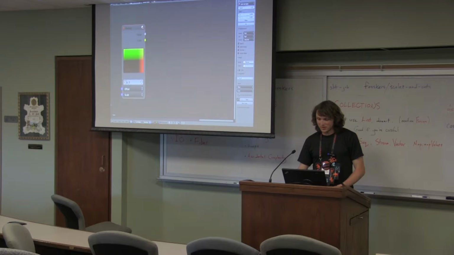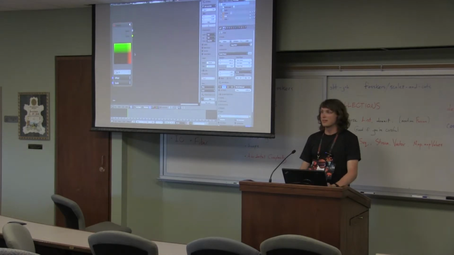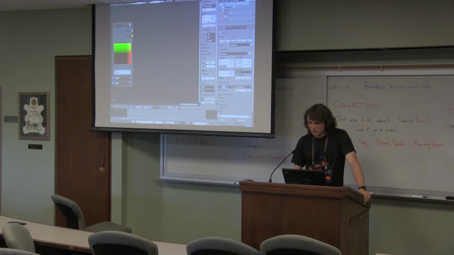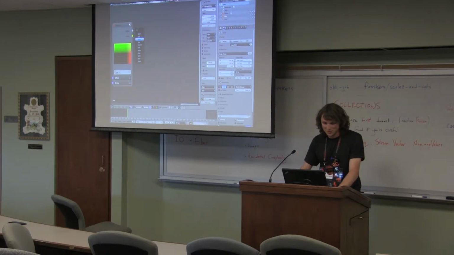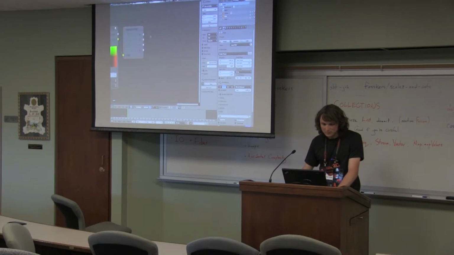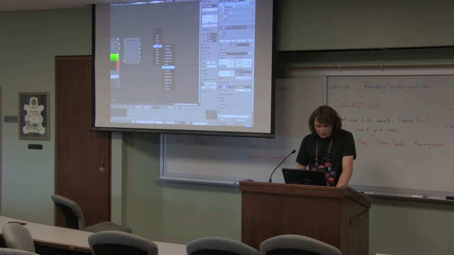So now we need to do our equations I talked about earlier. We're going to take our x values and square them and subtract y squared and add the original x for our x. So first we take our colors and separate them out into our x and y, our red and green. And now we do some math on them.